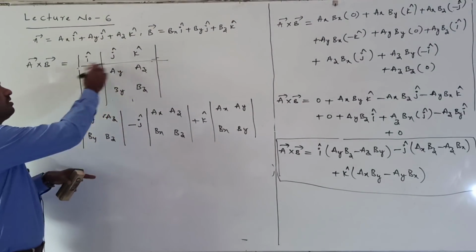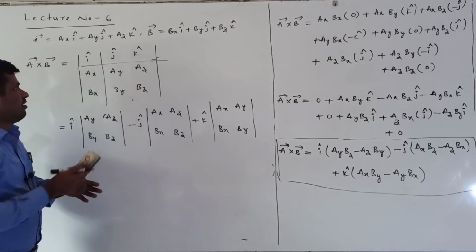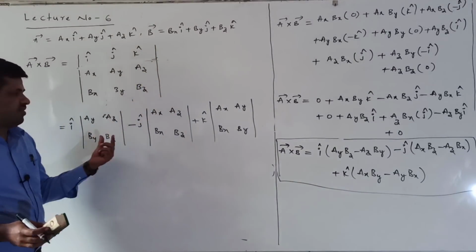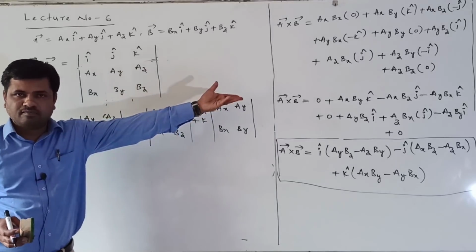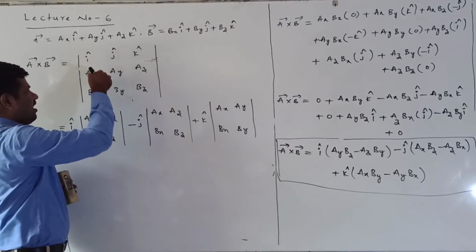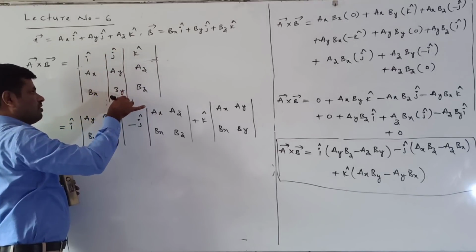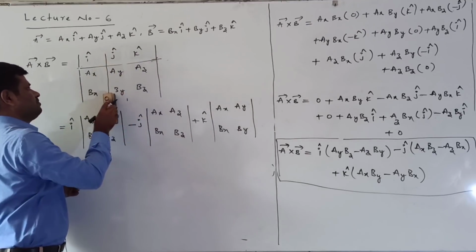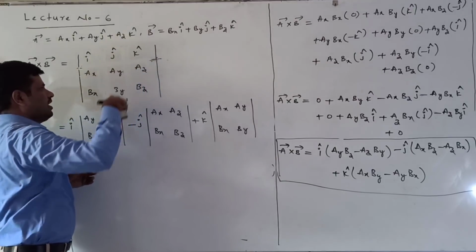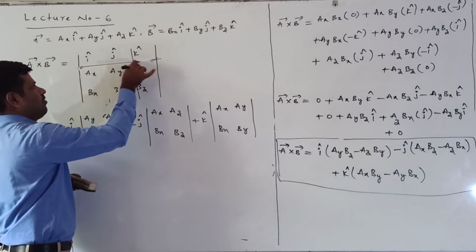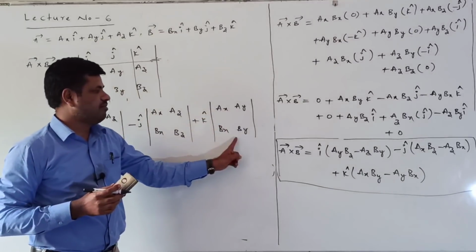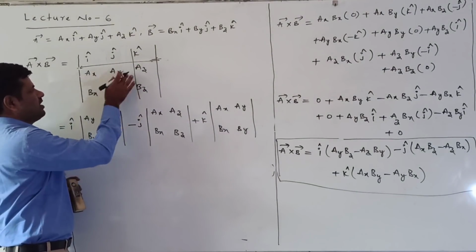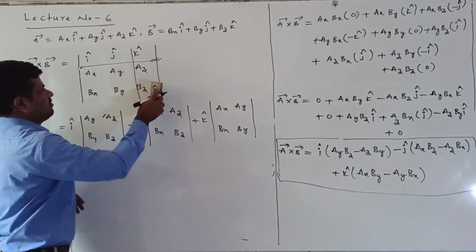After i cap we write minus j cap, since first plus, then minus, then plus. For minus j cap, leave its column and row, remaining Ax, Az, Bx, Bz. Next k cap: leave its row and column, remaining Ax, Ay, Bx, By. We write it like this. This is the method.